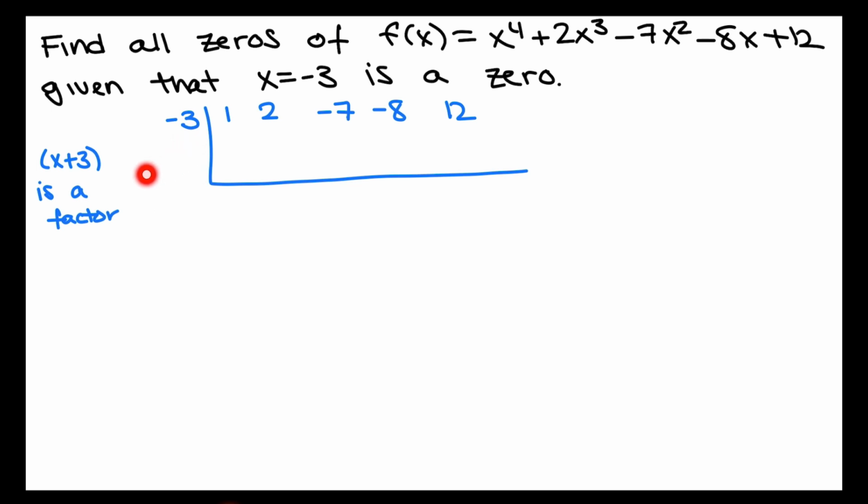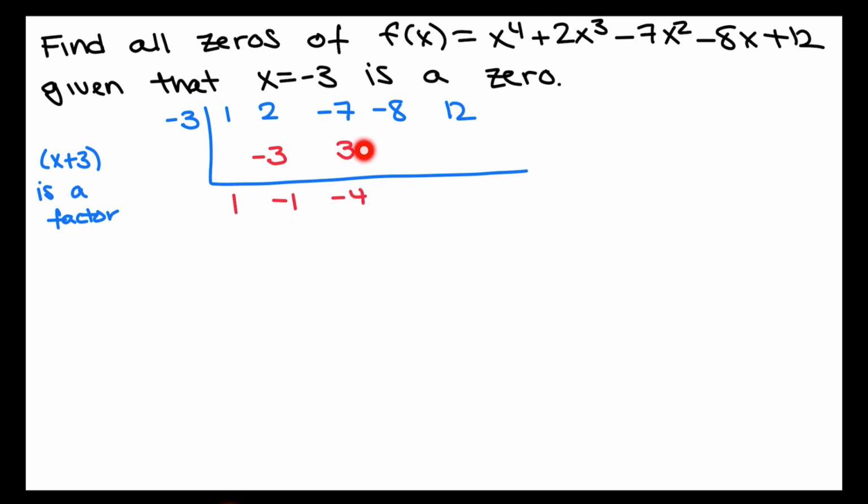So I'm going to divide by x plus 3 using synthetic division. I put the negative 3 outside of the box, and I put the coefficients of my polynomial inside the box. Bring down the 1, bring down the first number. Now I multiply. 1 times negative 3 is negative 3. Add, I get negative 1.